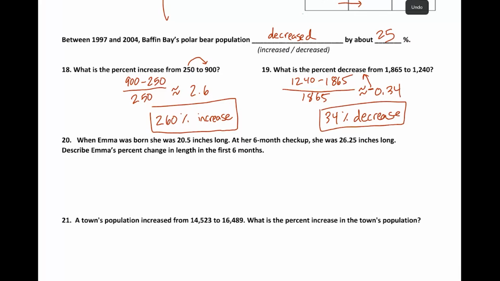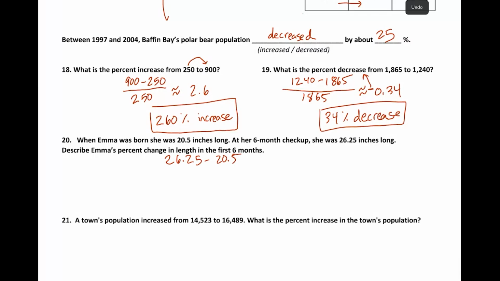Number 20 says, when Emma was born, she was 20.5 inches long. At her 6 months checkup, she was 26.25 inches long. Describe her percent change in length in the first 6 months. Okay, so we're just going to do basically the same thing we did in the last couple problems. The later measurement was 26.25, and the earlier measurement was 20.5.